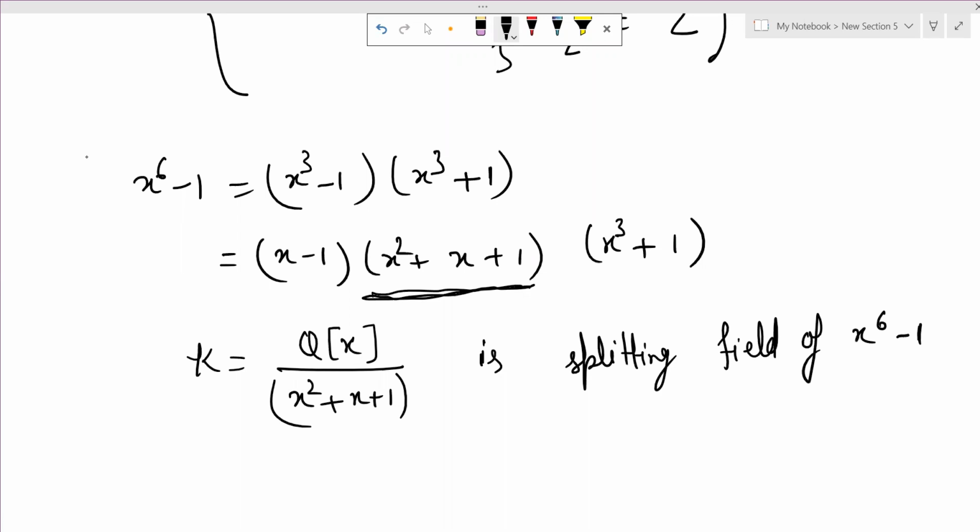So basically you need to show that all roots of x cube plus 1 come in this field. Basically you need to show that fact.